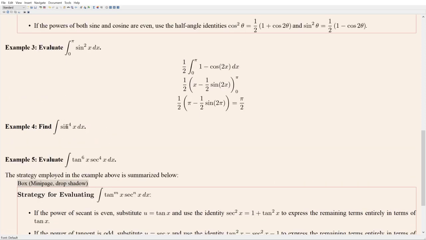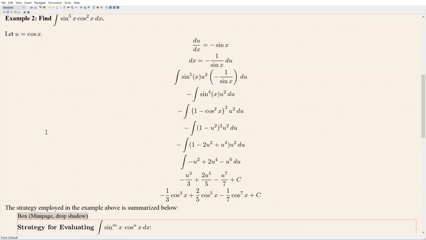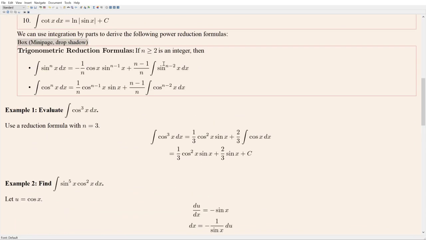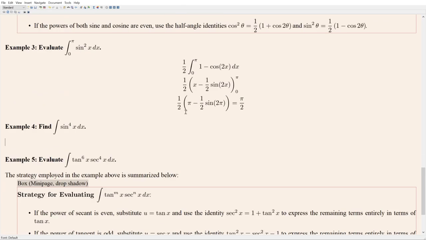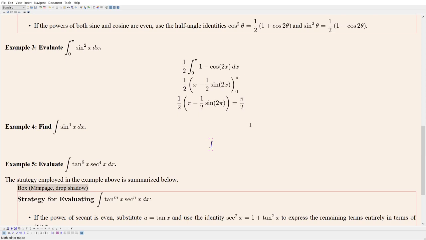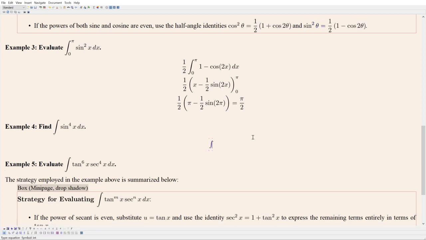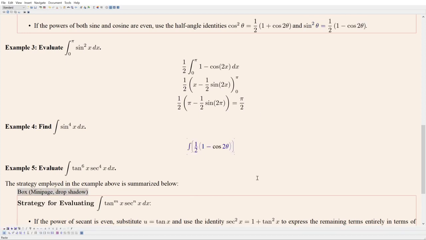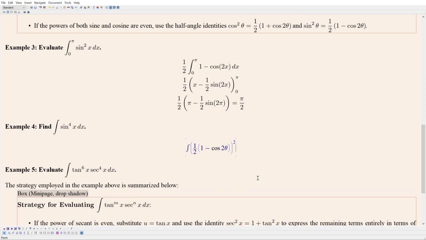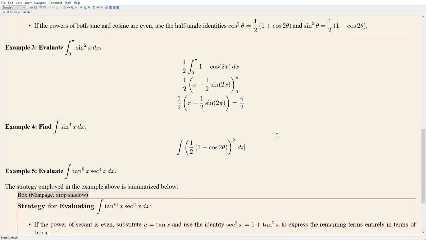And we can do the same thing with sine to the power 4. Again, we can use this reduction formula if you want, but just for the sake of practice, let's use this formula instead, because sine to the power 4 is sine squared squared. So here we have this squared, right?